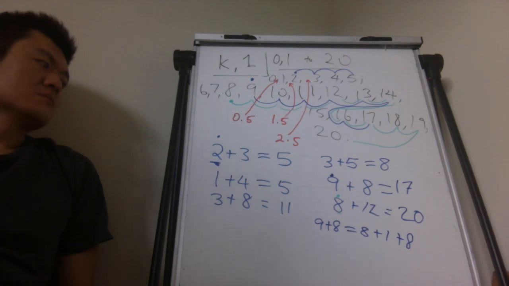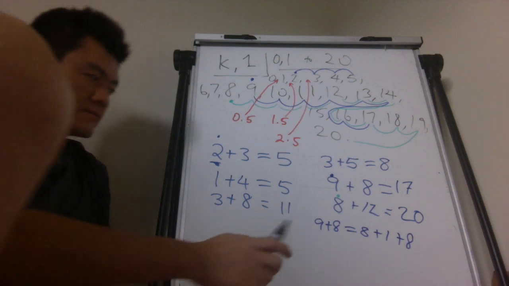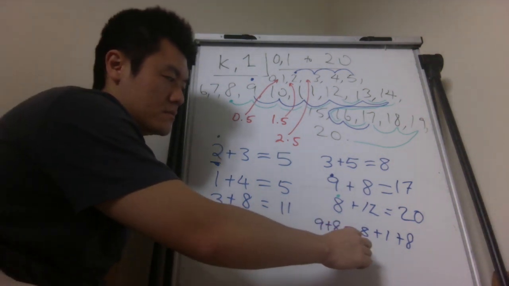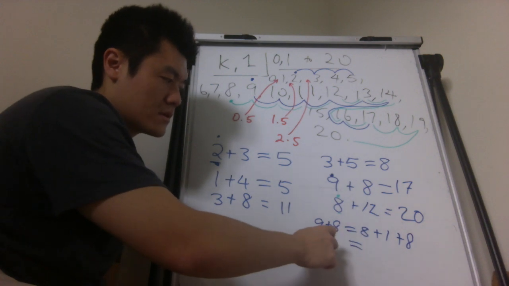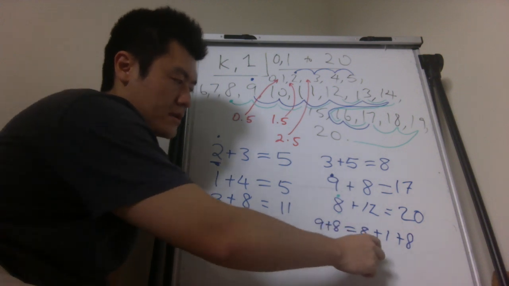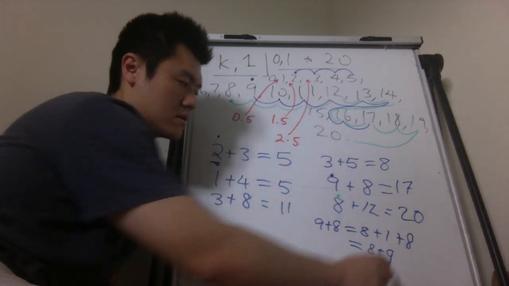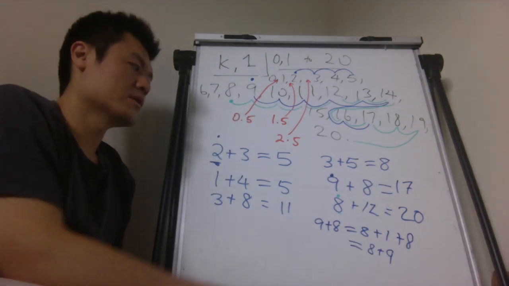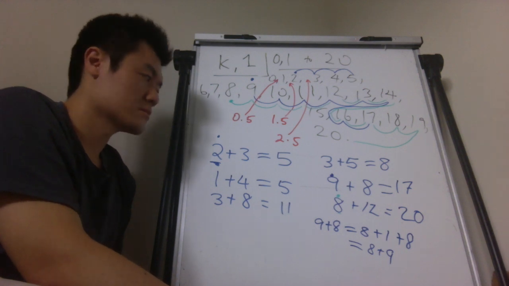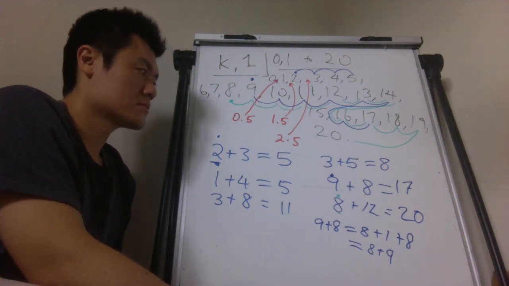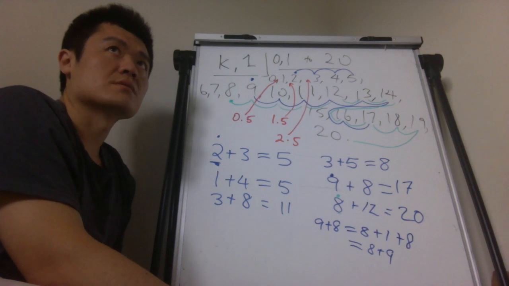So we're going to do our exercise. Okay, so look at this. So we know that this is 8 plus 9, okay? Okay, so we know 8 plus 9 is 17.